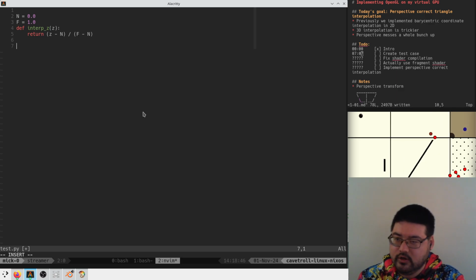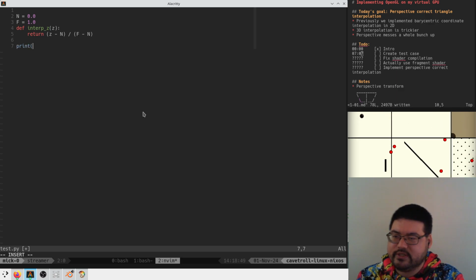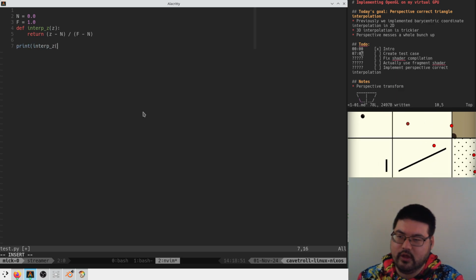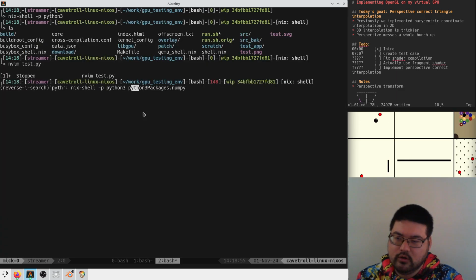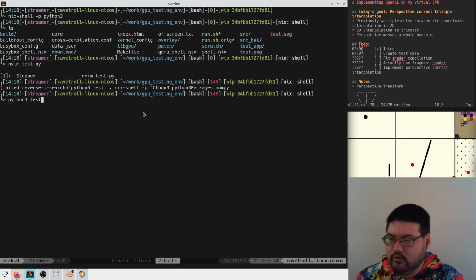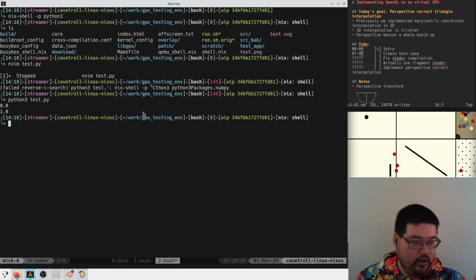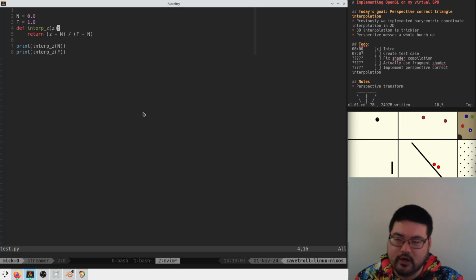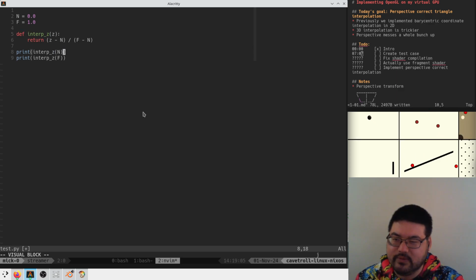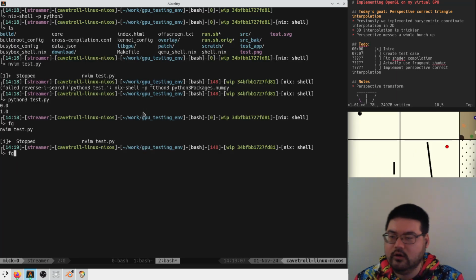And then we print interp z with near and far. Let's just start there. So if we do this, we have 0 and 1. Wonderful, right? Now, the problem here shows up when we want to divide this thing by z later.